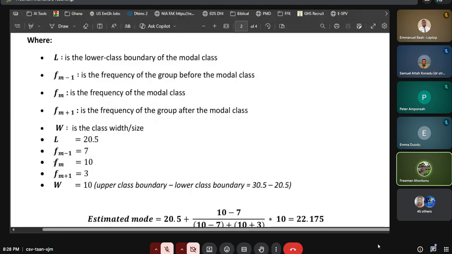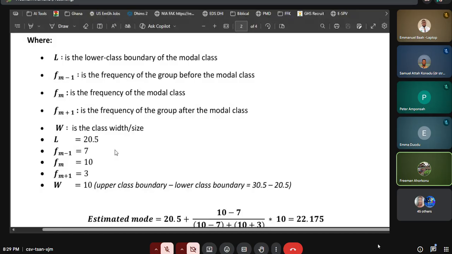The modal class itself has a frequency of 10. The class after the modal class has a frequency of 3. Then W is what? The class width or the class size. And we already did that.